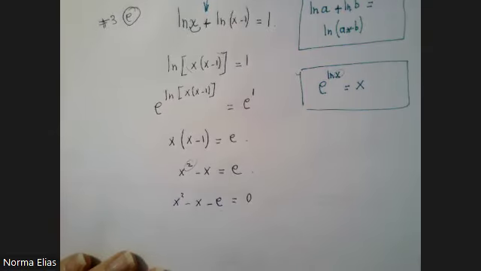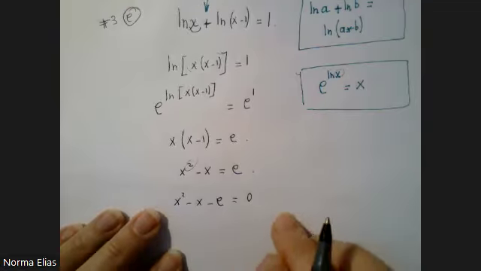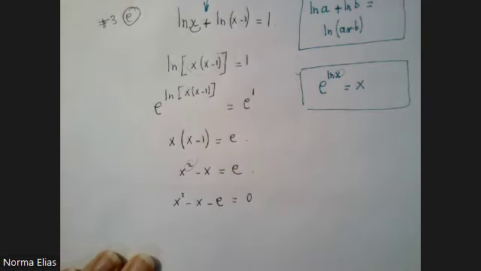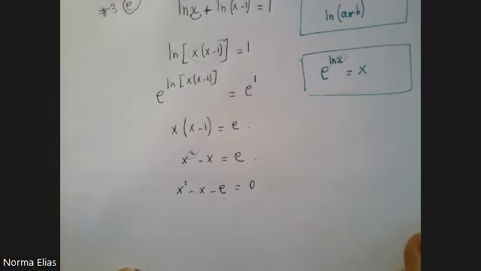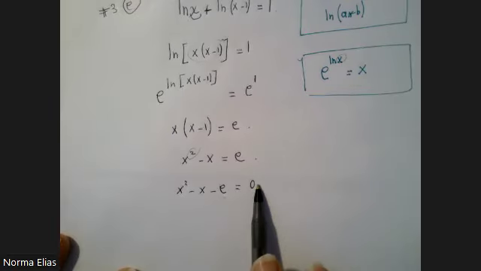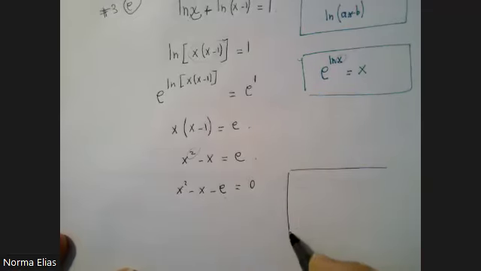So now if you have a quadratic equation that you don't know how to factor, how do we solve the equation? Back to you guys. Quadratic equation, we cannot factor it. How do we solve it? Quadratic formula.